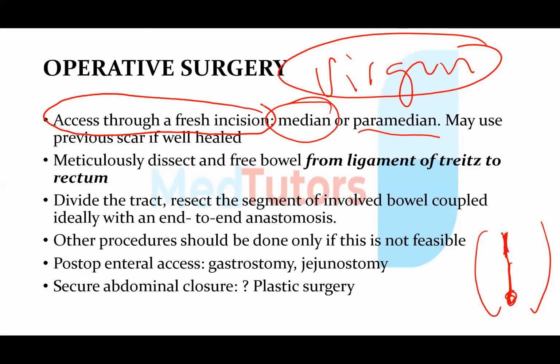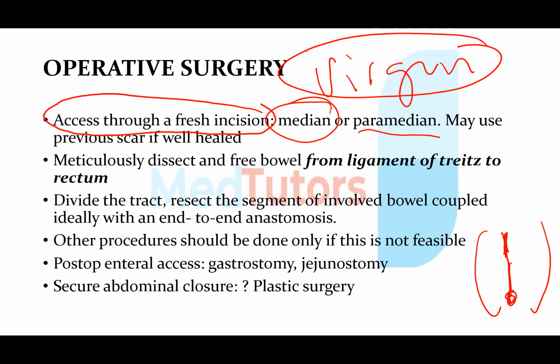So after adequate access, the next thing is proper mobilization. You have to mobilize this bowel from the ligament of Treitz down to the ileocecal junction and up to the rectum. So adequate access, proper and meticulous mobilization.